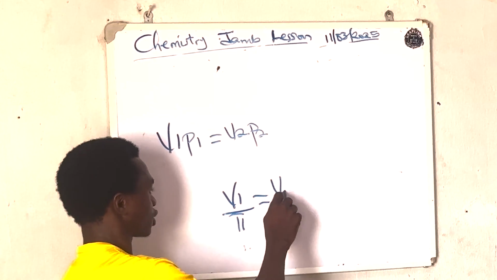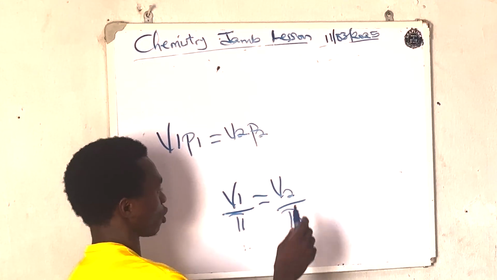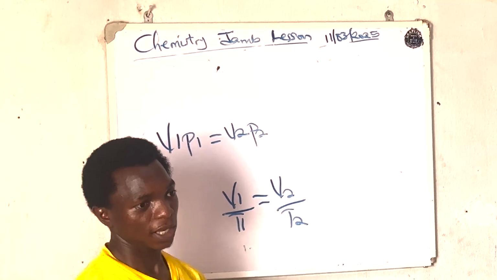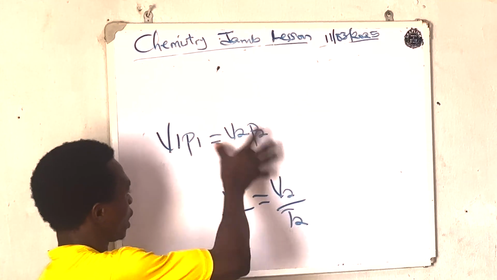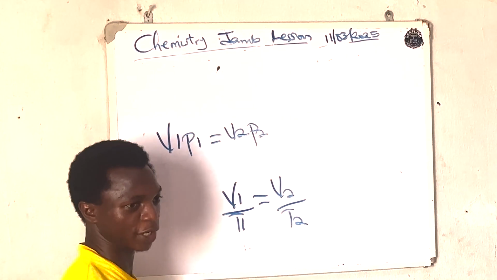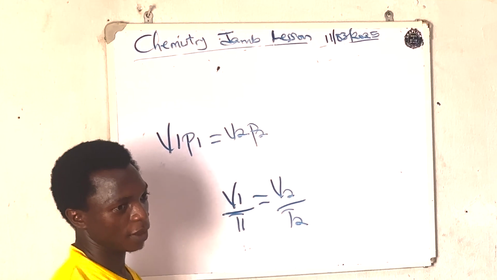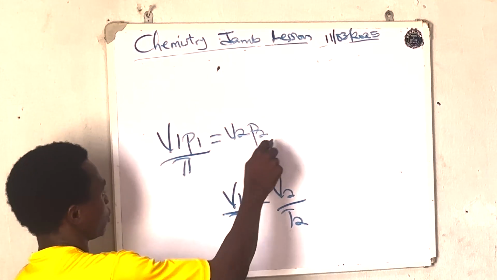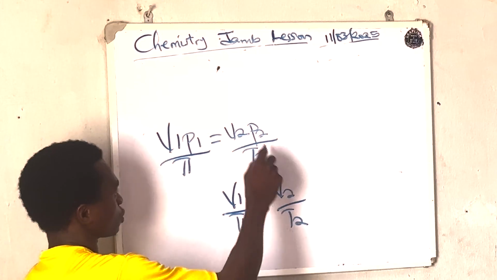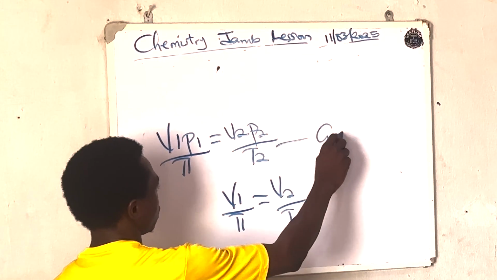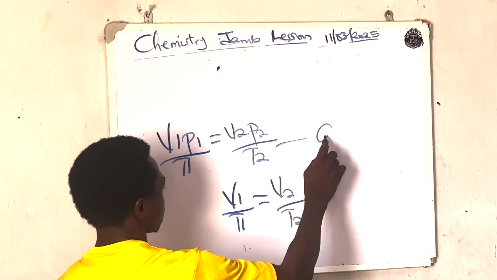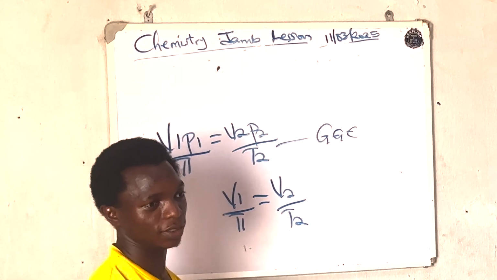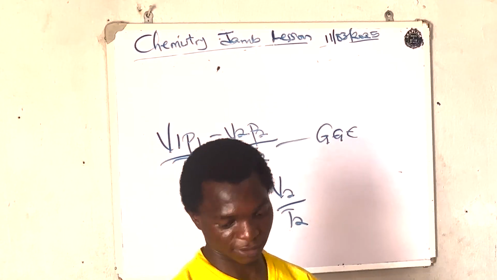And when the volume increases by 2, the temperature increases by 2 at the same rate. Now, if we combine these two equations together, we are going to have V1 P1 over T1 equals V2 P2 over T2, and that gives you the general gas equation, which we call GGE, general gas equation.